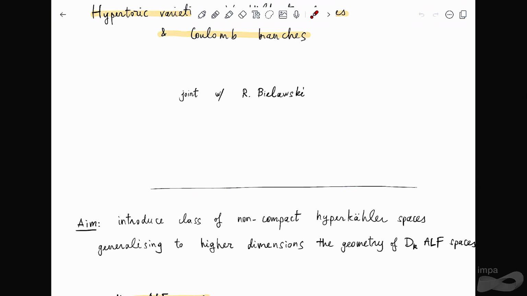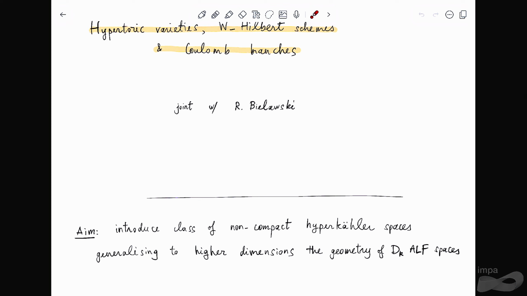So anyway, the motivation for this was realizing that certain constructions, in particular Twistor constructions of ALF metrics, actually seem to generalize to higher dimensions, to classes of non-compact high-dimensional hyperkähler spaces that have geometry that generalizes the geometry of ALF spaces.